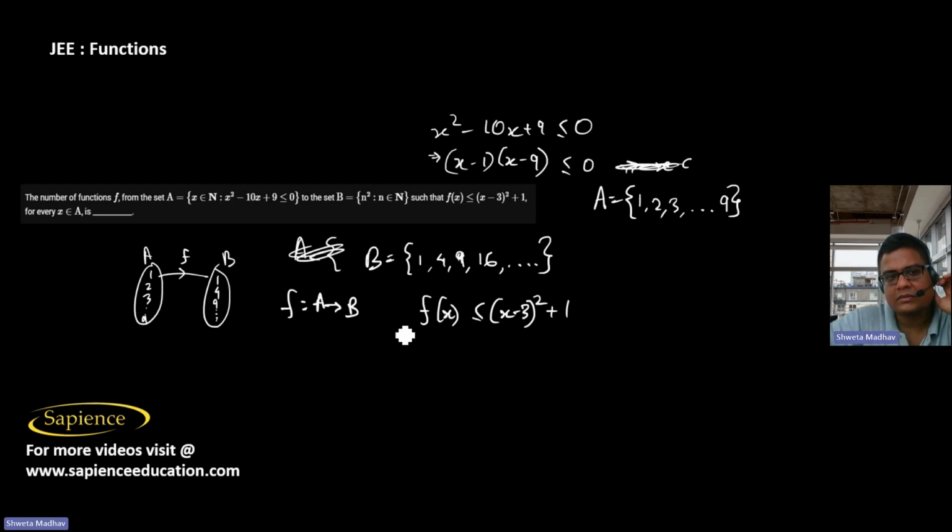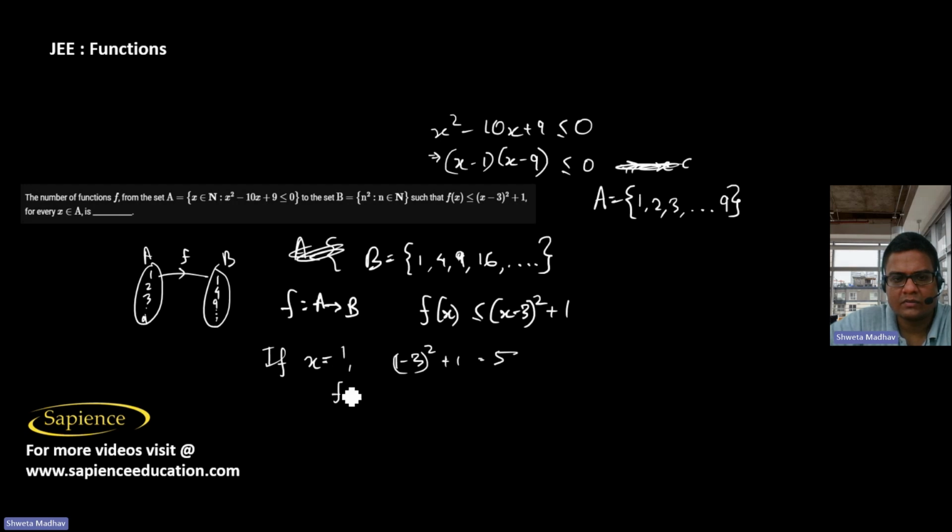Okay, so if I take x equal to, suppose, 1, then (1 minus 3) whole square plus 1 is equal to 2 square plus 1, so that is 5.